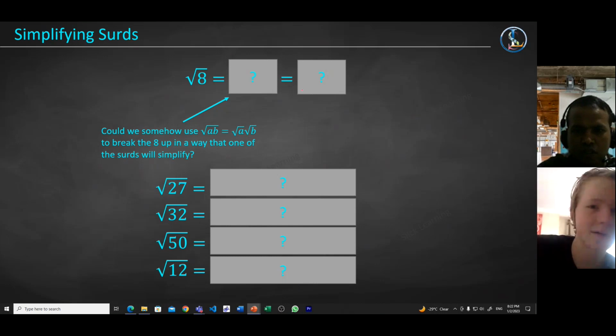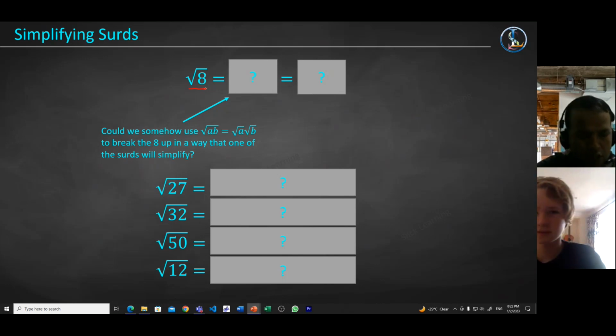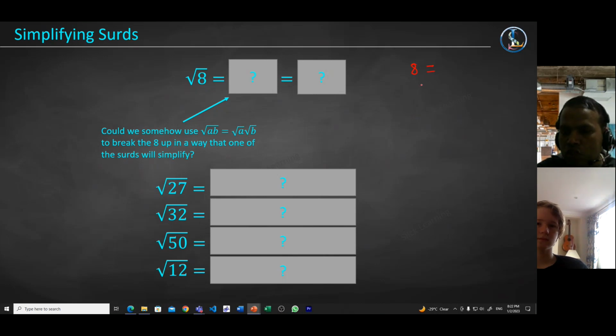You need to look at the number in such a way that there is a factor of 8 which is a perfect square. 4 is a perfect square, and 4 times 2 is 8.